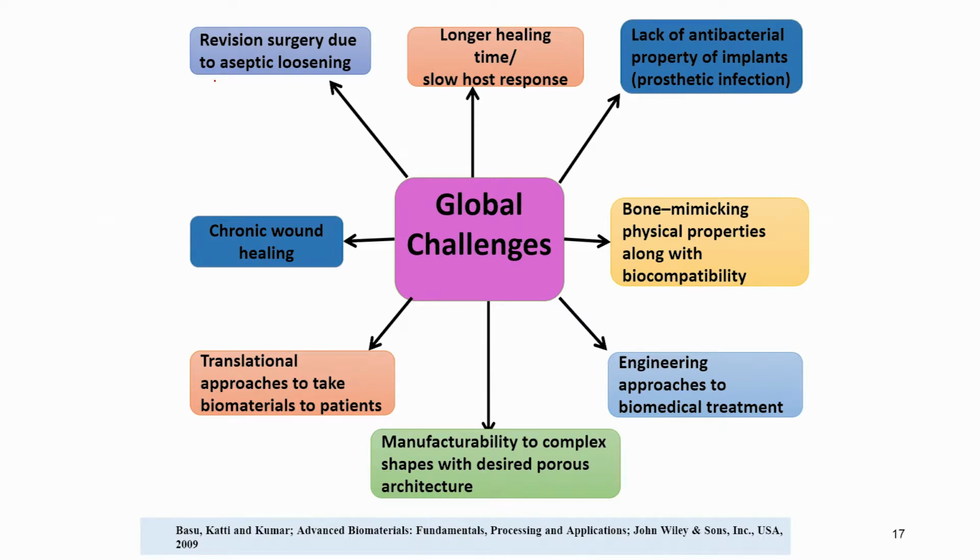Longer healing time or slow host response, lack of antibacterial property of implants leading to prosthetic infection and chronic wound healing, that is also another problem. Translational approaches to take biomaterials to patients is very important in the Indian context. Manufacturability of complex shapes with desired porous architecture, engineering approaches to biomedical treatment, and bone mimicking physical properties along with biocompatibility.